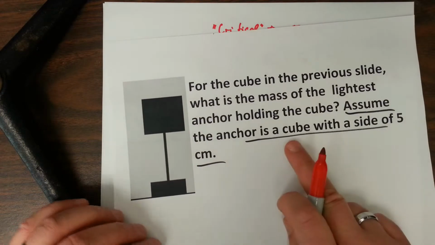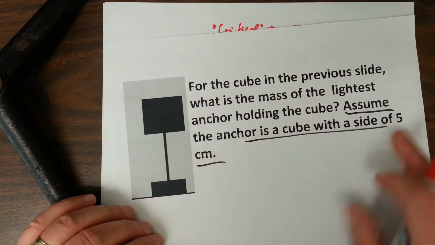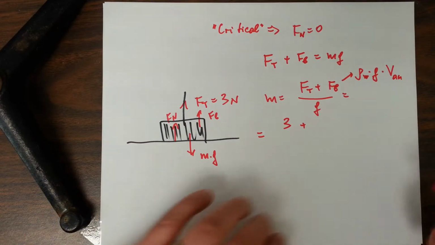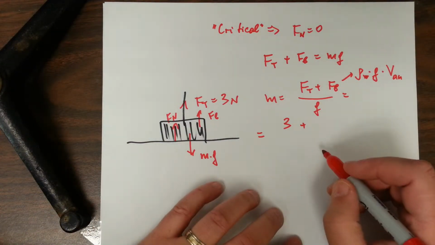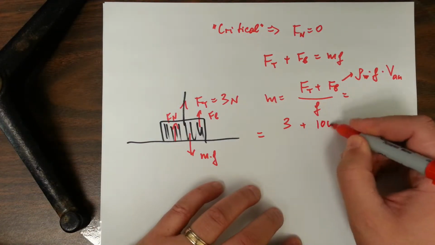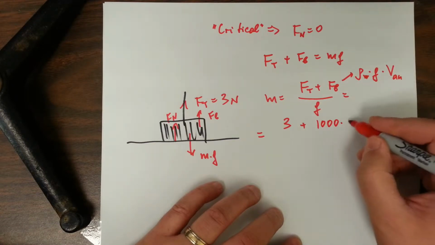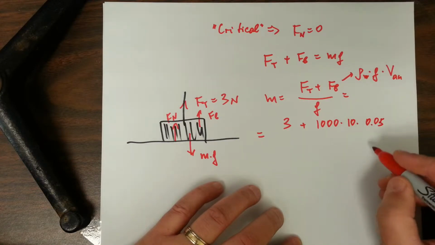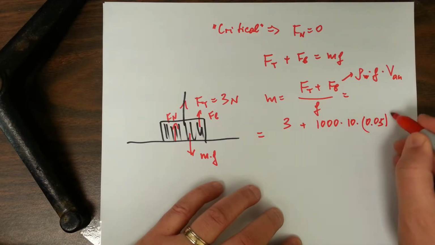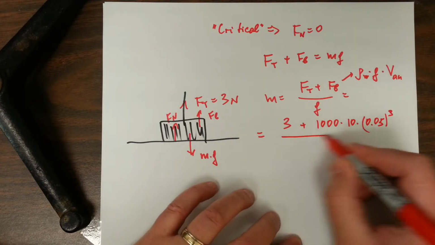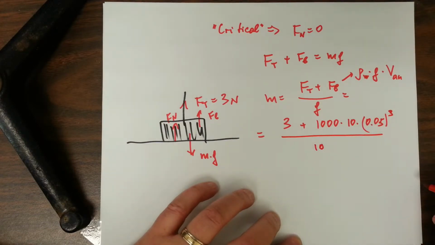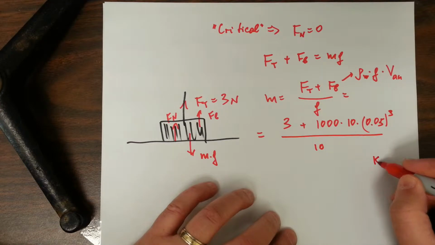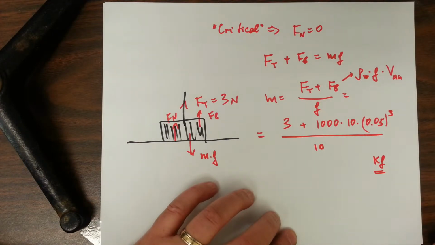So if the anchor is a cube 5 centimeters by 5 centimeters by 5 centimeters, in that case we have to calculate this product: 5 centimeters converted in meters, cubed, and the whole thing divided by 10 again. And that's going to be in kilograms.